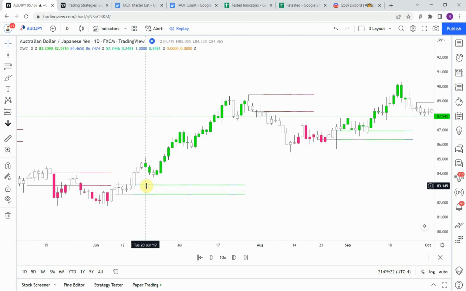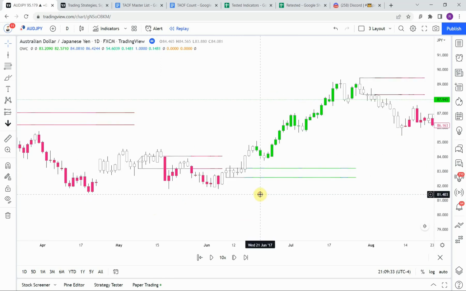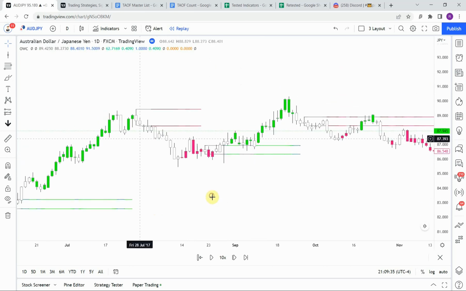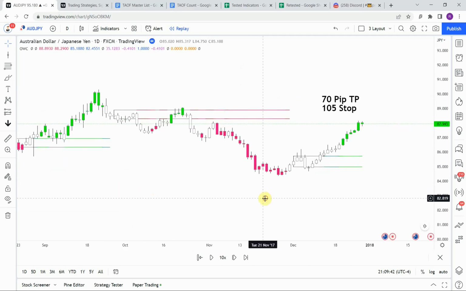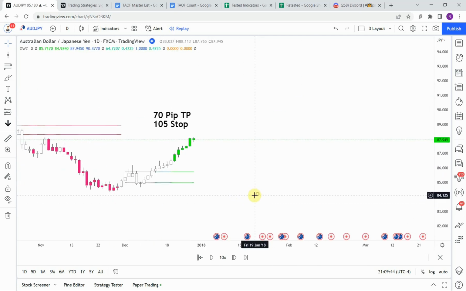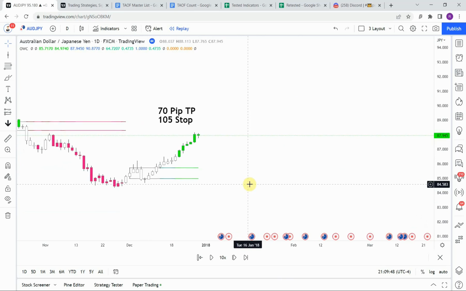So basically what we're looking for is price to be above one of the shelves and to turn green or break out in the bar coloration be green for a long signal. Or we're looking for price to be below one of these shelves and it to be pink or break out in pink, and that will be a short signal. So hope all that makes sense. Let's go ahead and get on with the testing and see what we can get out of it.